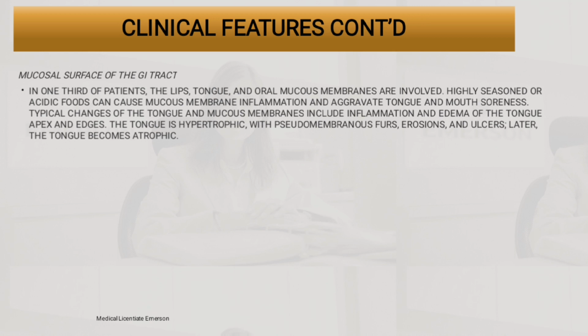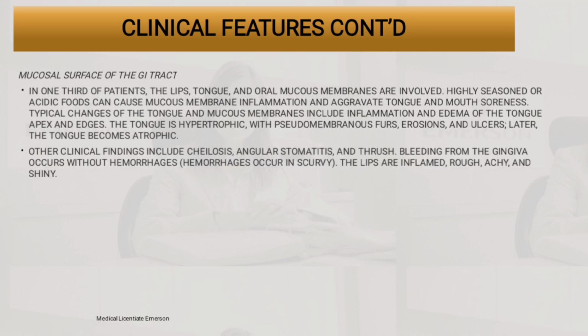Later, the tongue becomes atrophic. Then other clinical findings include cheilosis, angular stomatitis, and thrush, and bleeding from the gingiva then occurs without hemorrhages. Then you have to know that the hemorrhages occur in scurvy. Okay, then the lips are inflamed, rough, achy, and shiny.